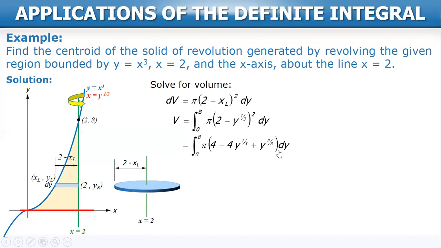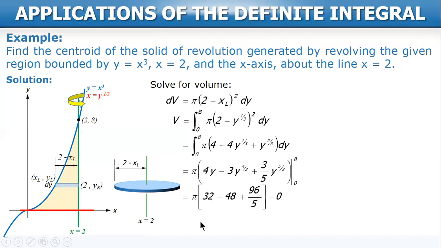So this is the expansion and then use power rule and then evaluate, and this is the volume, 16 over 5 pi.